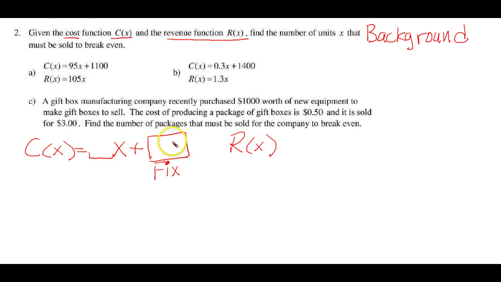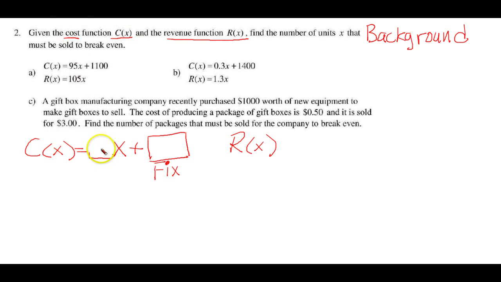But these fixed things were fixed. And in real industry, we're talking about the building, the electricity, the pay of the employees, the secretaries in the office, but we're going to keep it simple. So this is what a cost function talks about.